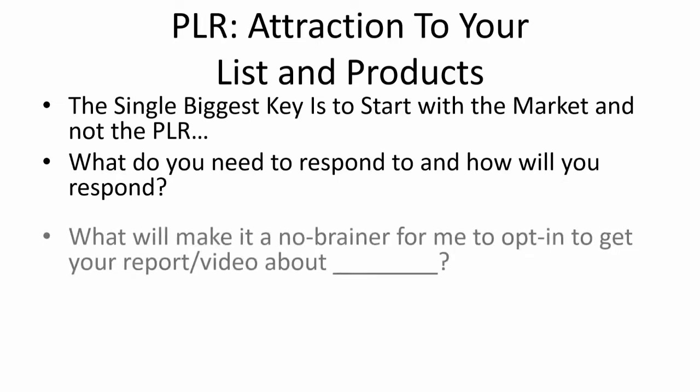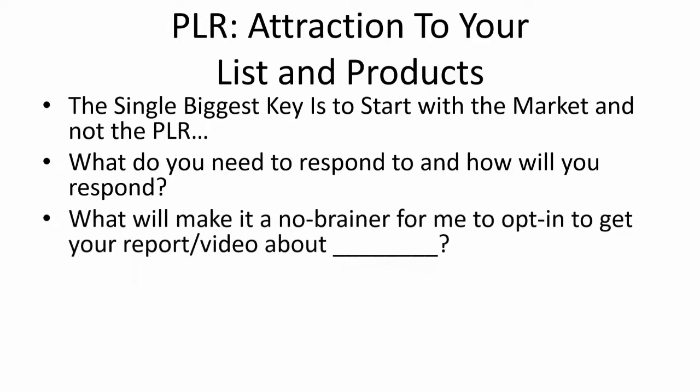In other words, what will make it a no-brainer for me to opt in to get your report or video about whatever the subject matter is? So if you understand your market, you understand what it is that they're looking for, you can then start to determine what kind of report, what kind of video, what can you take from your PLR in order to give me so that I will want to opt into your list without question.